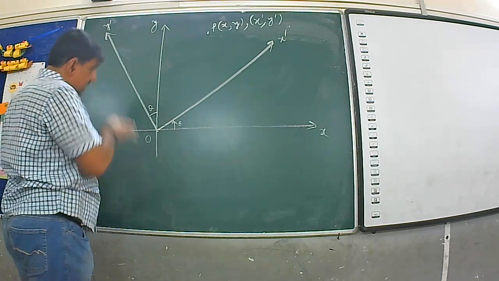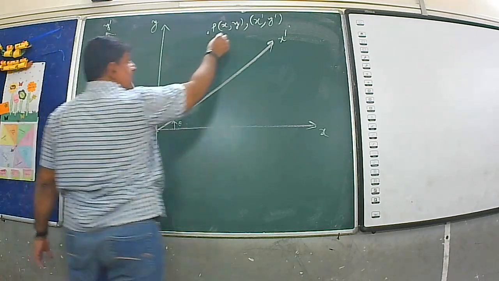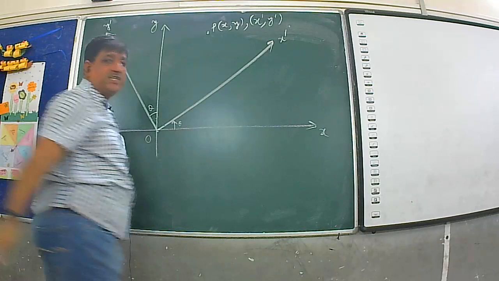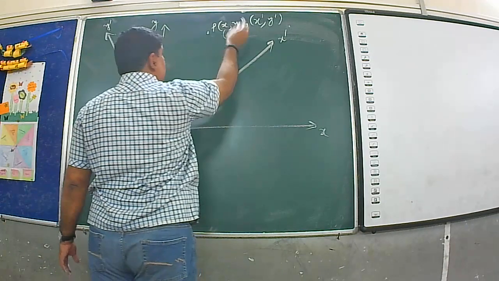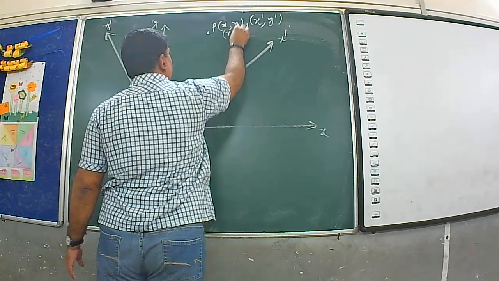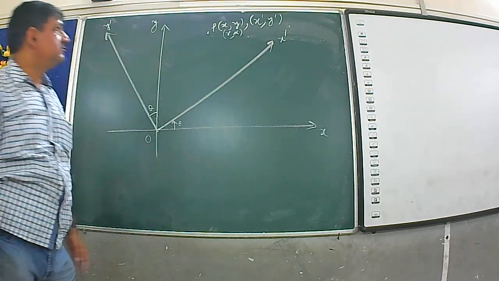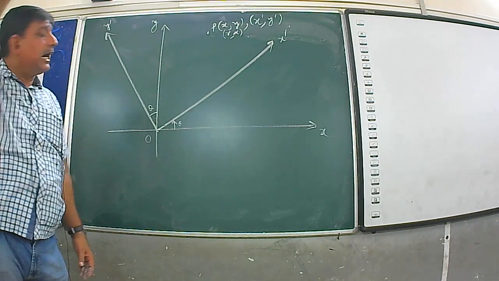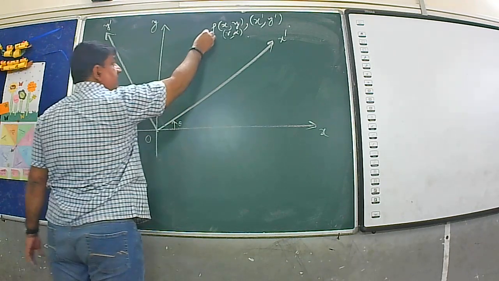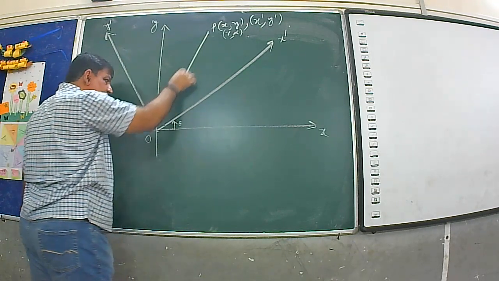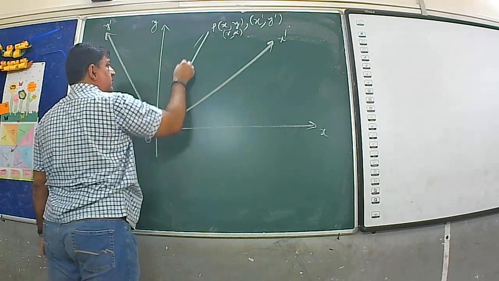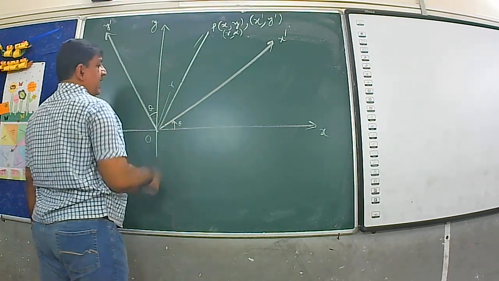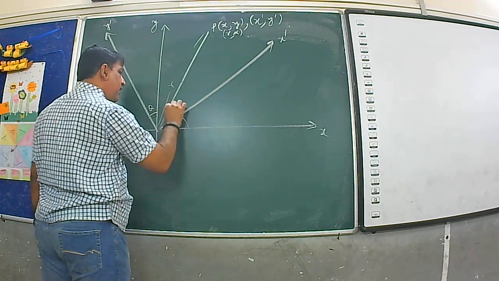Now, let us take the polar coordinates of this point. Say, polar coordinates are here r comma alpha. Now, what does it mean? If polar coordinates are r comma alpha, then if we join this OP, this whole length will be r, and this angle is alpha.